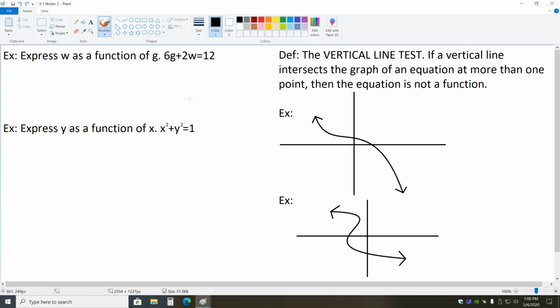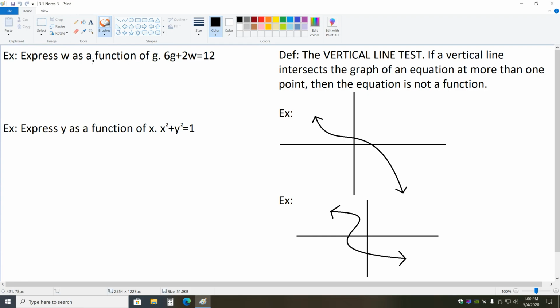Okay, so moving on from here, the last bit that we have for this section is talking about getting things in terms of function notation and then deciding whether or not a graph represents a function. So for this first example here, we need to express w as a function of g.